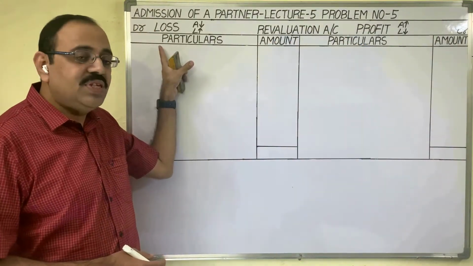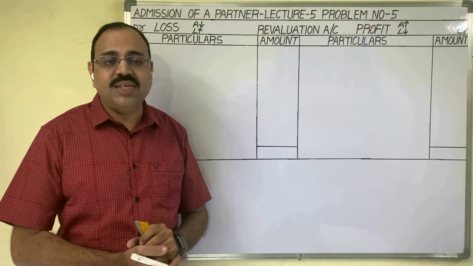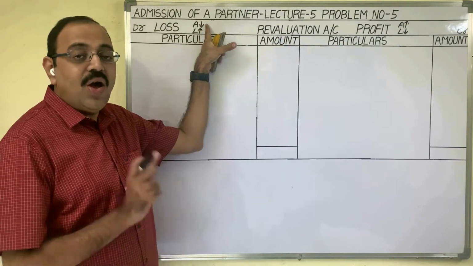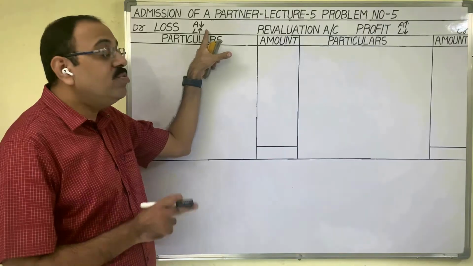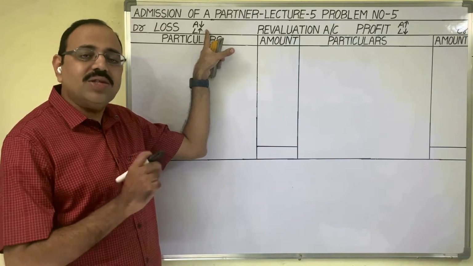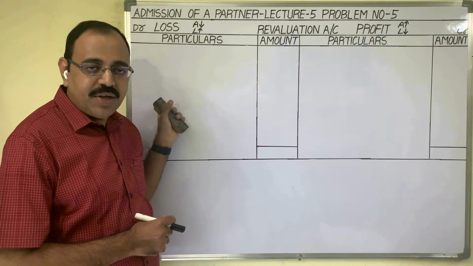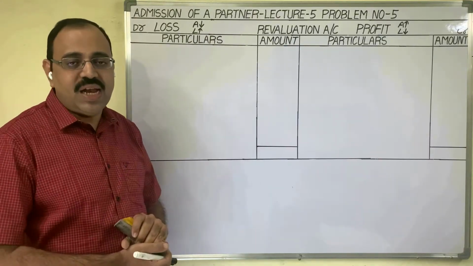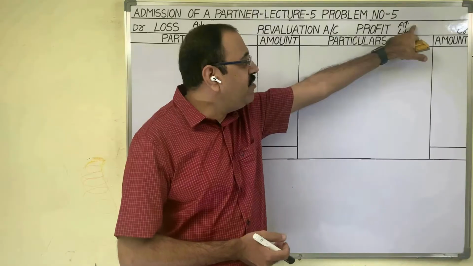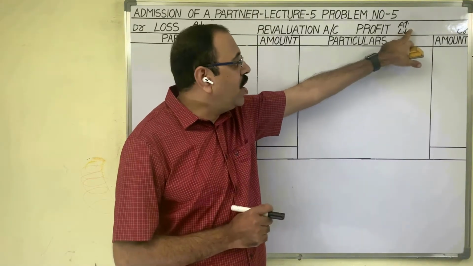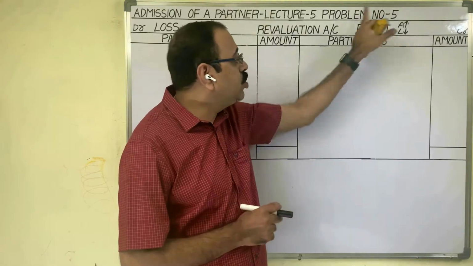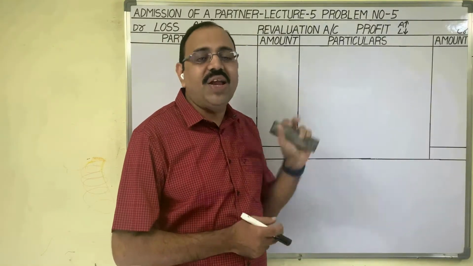When a loss comes in revaluation of assets and liabilities, if asset value is decreasing or liability value is increasing, then loss comes. It should be debited. When profit comes, if asset value is increasing or liability value is decreasing, then profit comes. It should be shown on the credit side of the revaluation account.